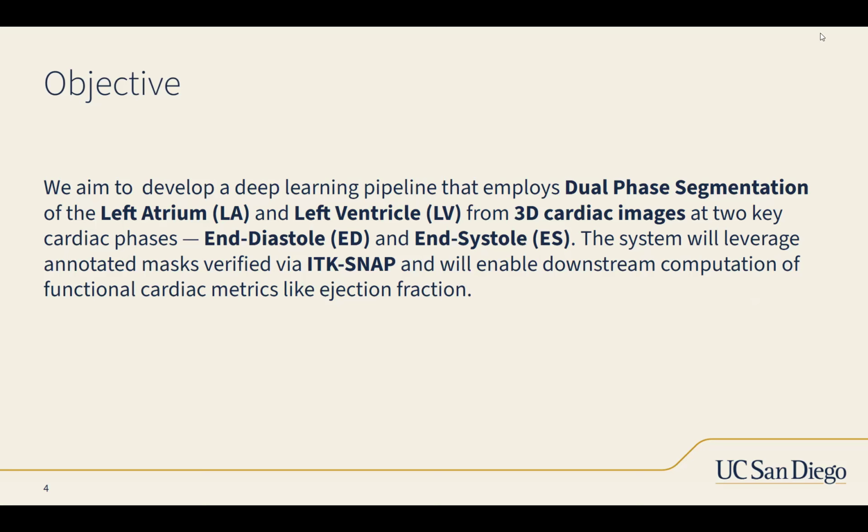The system will leverage annotated masks verified via ITK-SNAP and will enable downstream computation of functional cardiac metrics like ejection fraction. With dual phase segmentation, we aim to address a part of these deep learning 3D mask algorithms that is currently not addressed, and hopefully bundle that into one big deep learning algorithm.